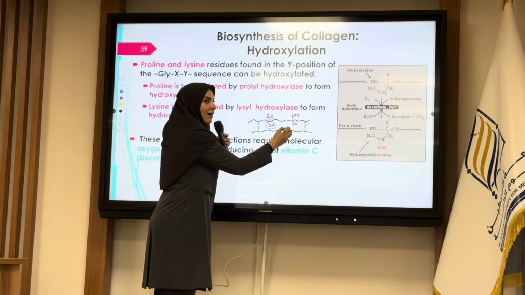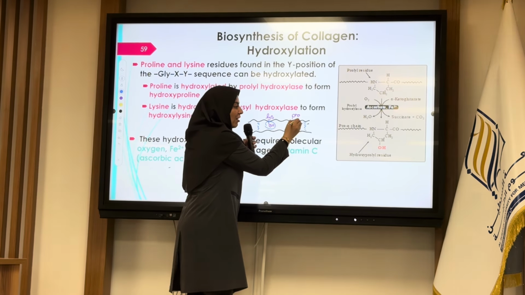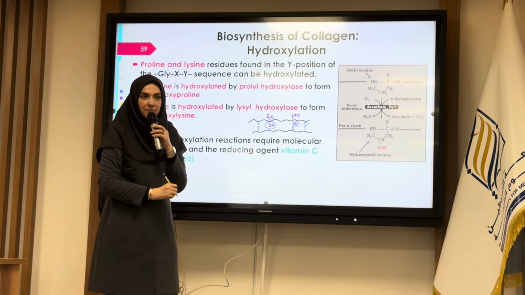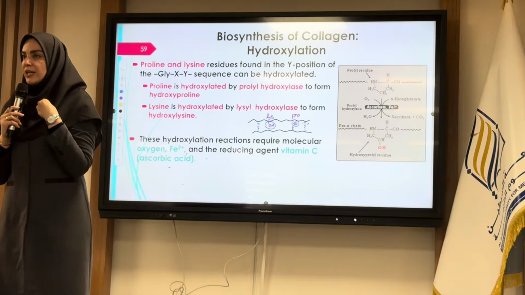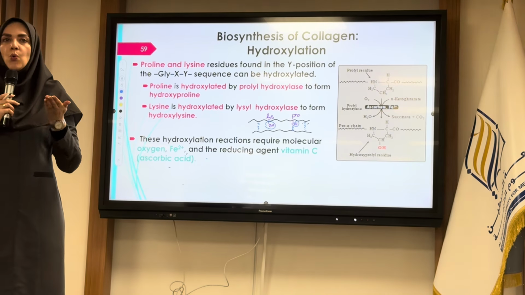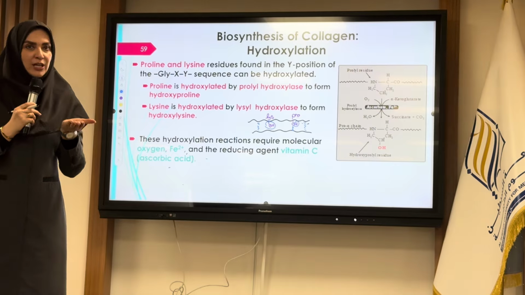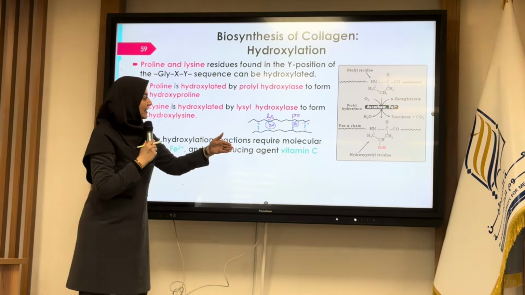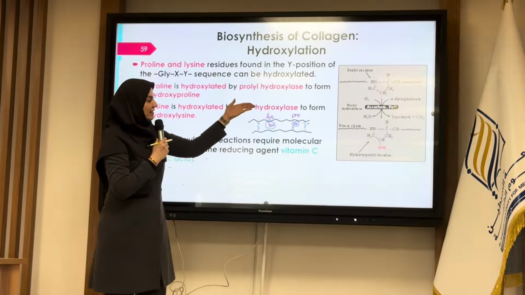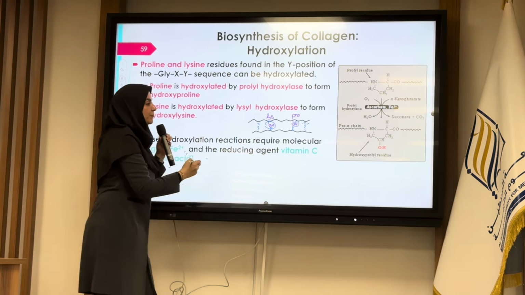To provide the hydrogen for making hydrogen bond. Excellent. You understand? The reason why we add OH to proline, why we add OH to lysine, is for stabilizing and for facilitating the formation of the hydrogen bond.